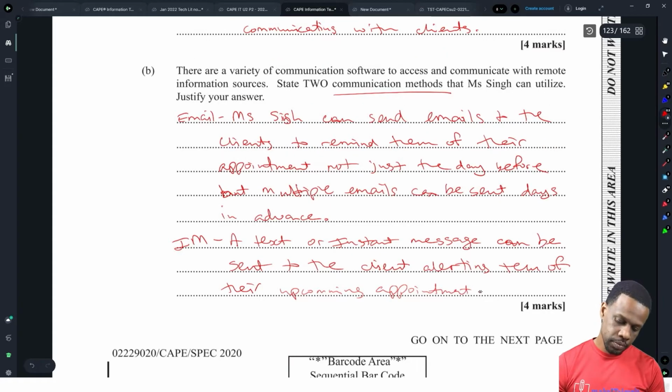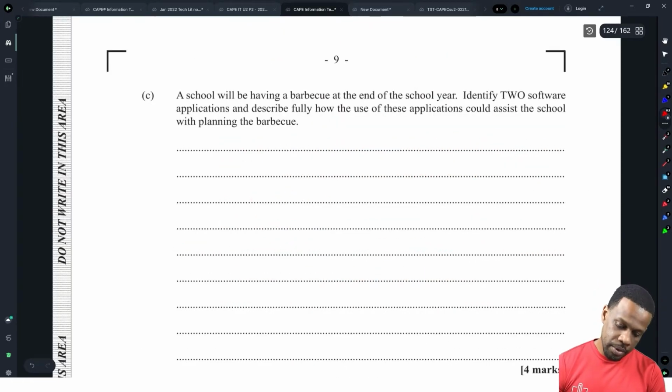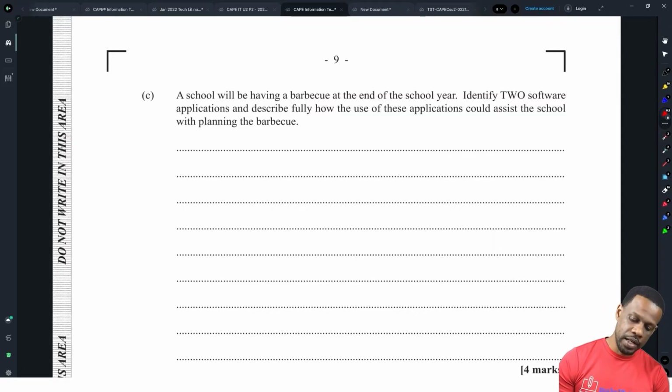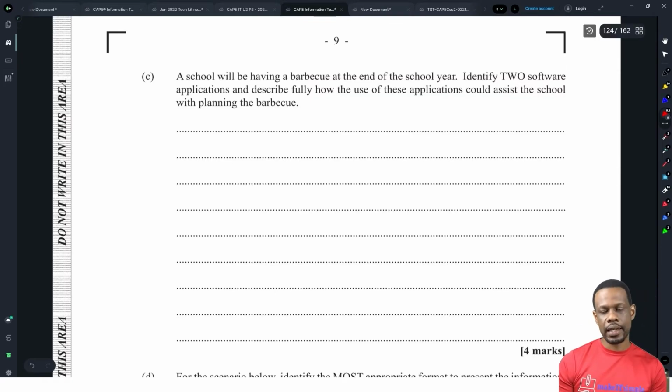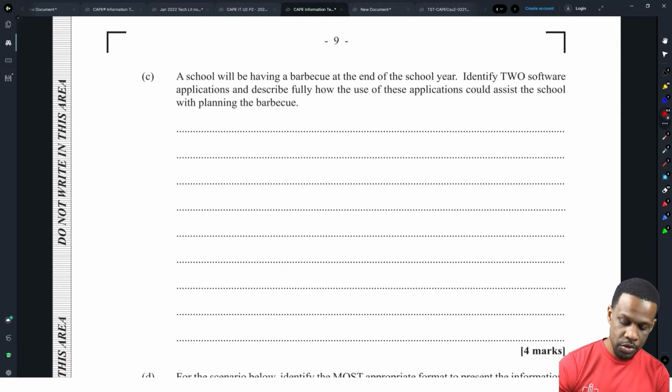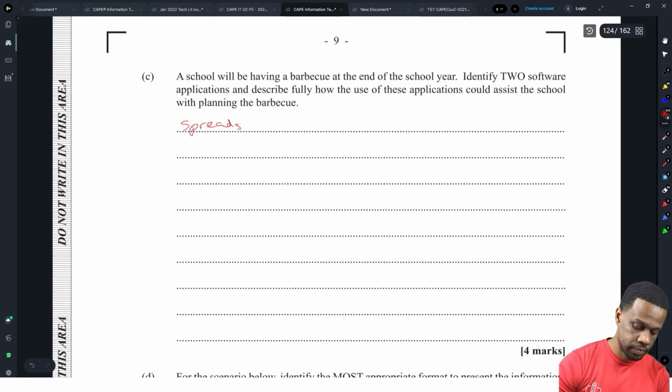Yeah. Alright, a school will be having a barbecue at the end of the school year. Identify 2 software applications and describe fully how the use of these applications can assist the school with planning the barbecue. Alright, this is cake, this is standard, this is what they ask all the time for all the years. So you could say spreadsheets.